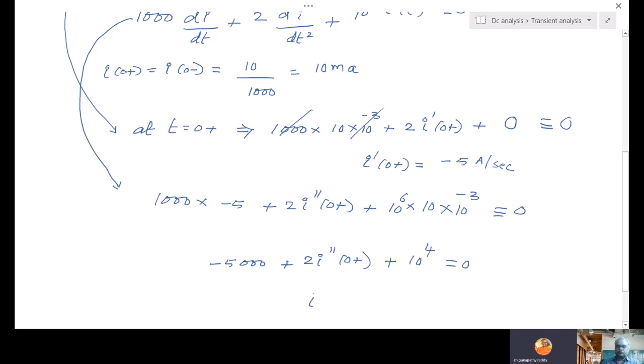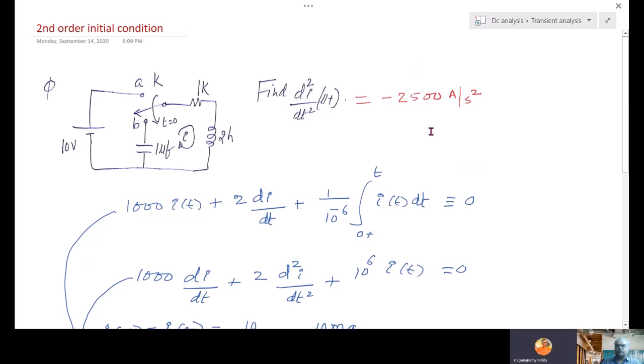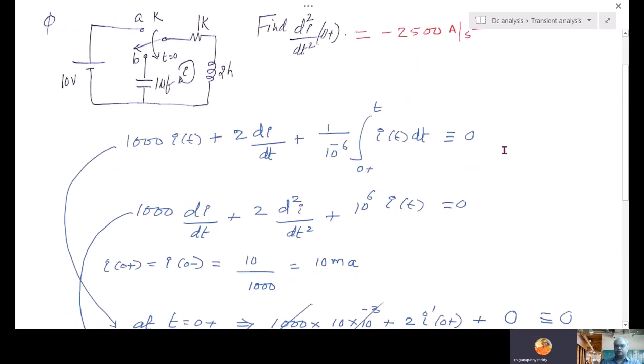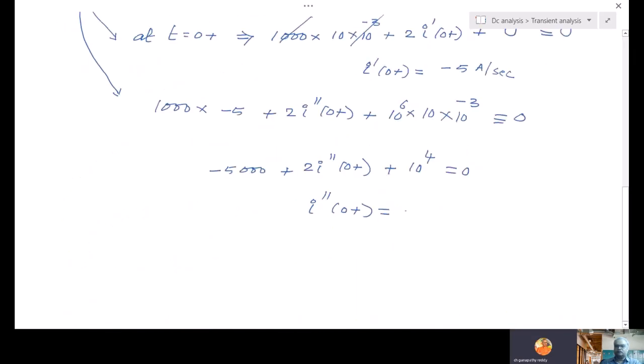So now solve for I double prime 0 plus. Simplify this and you get the answer, minus 25 amps per second square.